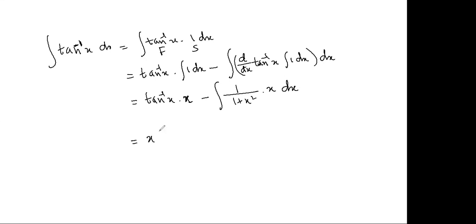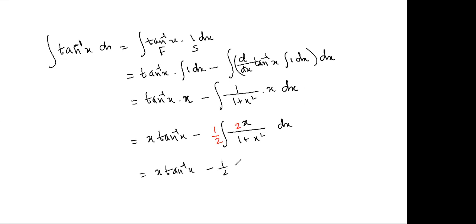So it became x tan inverse x minus x upon 1 plus x square. Derivative of denominator is 2x. What I don't have is 2, so divide and multiply by 2. Now I can write the answer as x tan inverse x minus half log of 1 plus x square.